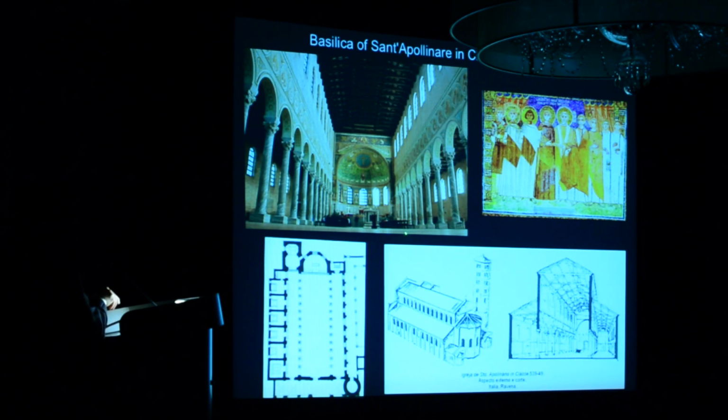Now here we have another kind of church. This is St. Apollinarius in Italy. You see the basilica, the central open space, the colonnade, and the roof is normally either flat or here is elevated, as you can see, creating a little bit more delicate kind of shape. It's not a flat, square kind of building.